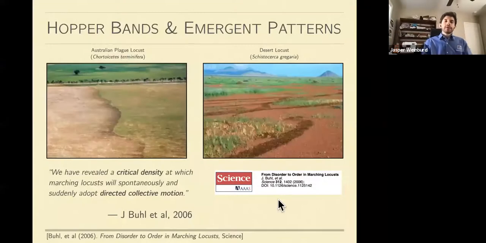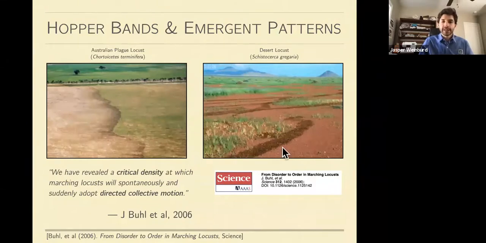Certain species of locusts do have a propensity to form certain collective shapes or patterns, right? The Australian plague locust is observed to do both, kind of both ends of the spectrum, but often in areas of lush vegetation, they'll form these fronts.